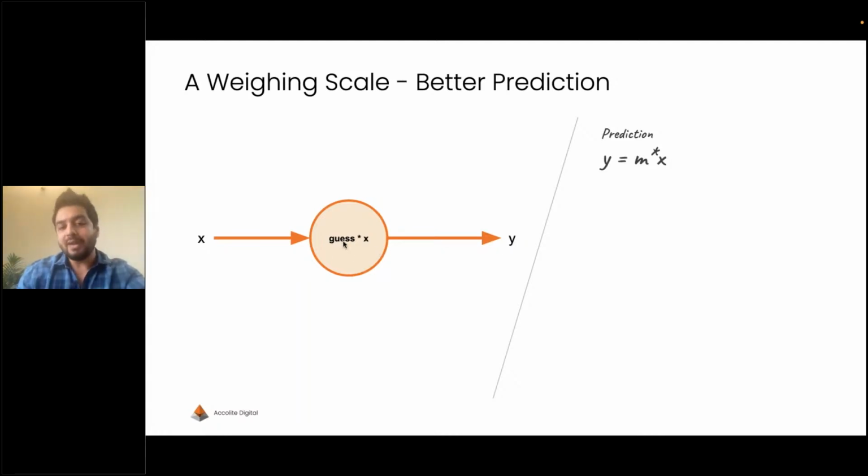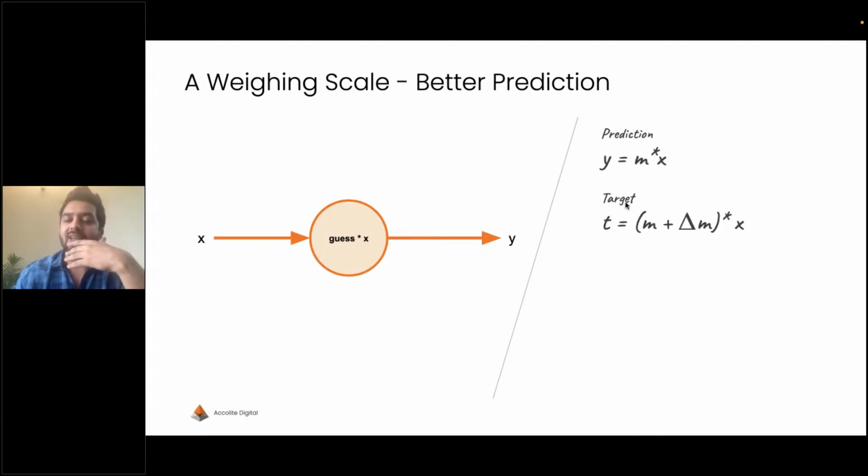So if we call the guess m, and I am using m because we are moving a little toward the standard notation used in equations, we want to stay close to the mathematical way of writing it because that's what you're going to see everywhere. So your y becomes the guess, m, multiplied by x, right? And that is how your prediction is being done.